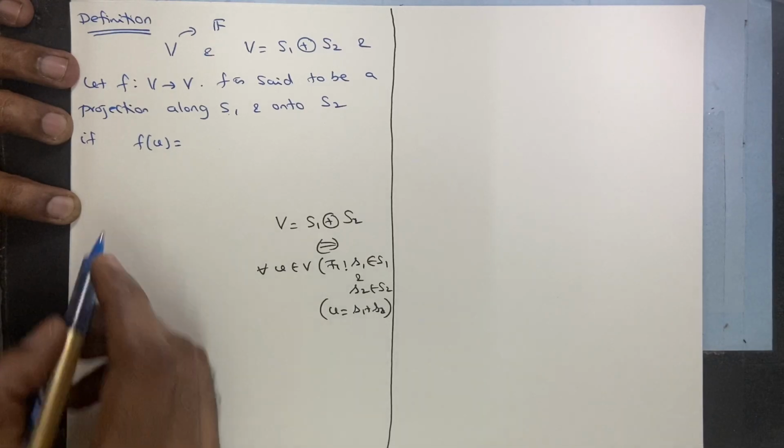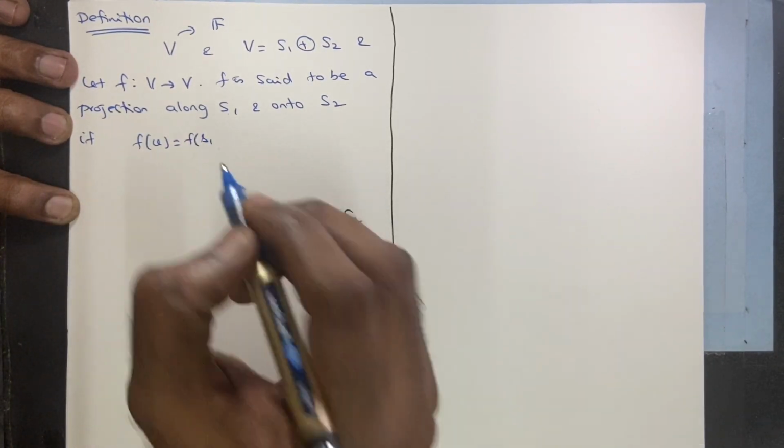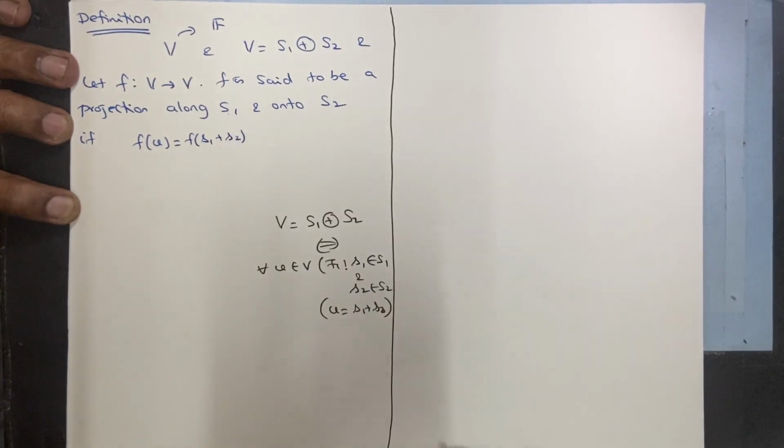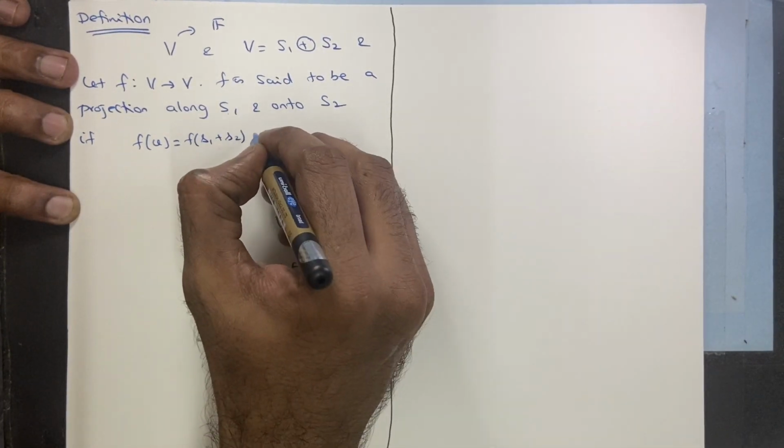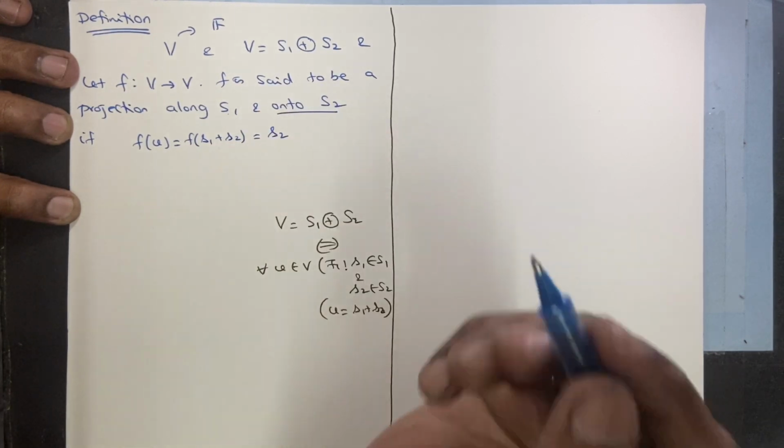So we will use this here. f of v, which is nothing but f of s1 plus s2, is equal to s2, because it is onto S2.